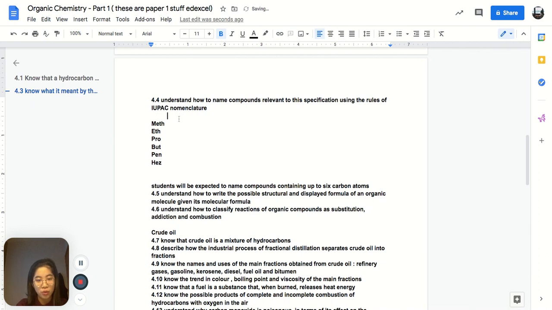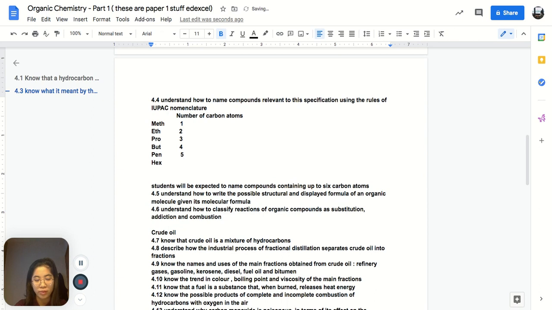These are the number of carbon atoms, and of course this is 1, then 2, then 3, then 4, then 5. As I said, from that you could probably figure out that hex is 6.